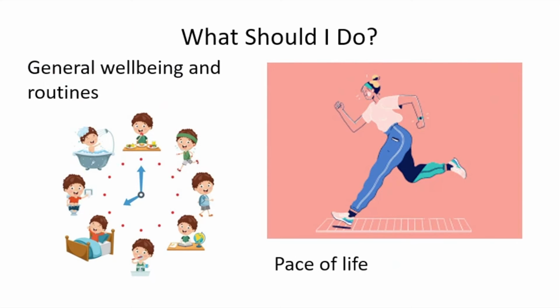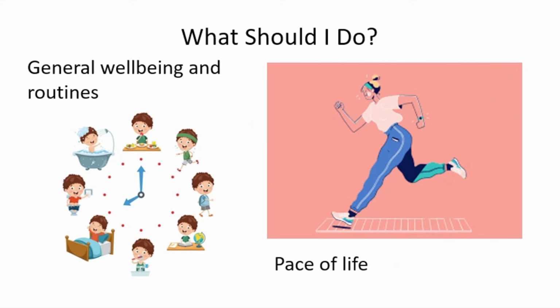In a similar vein, thinking about the pace of life at your house. Is there a way to slow down the pace of life a wee bit? Family life is just busy. That's a fact of having kids and having a family. But are there times when it's really, really rushed in your house?